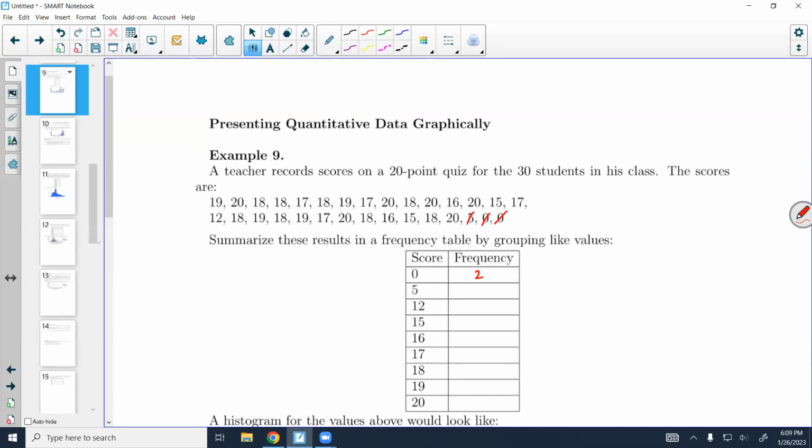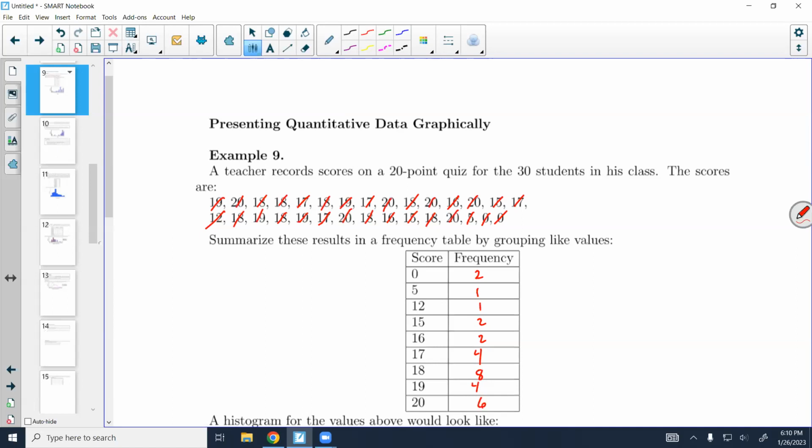And then 1, 2, about 12. 15, 1, 2, 2, and then 16, 1, 2, 17, 1, 2, 3, 4, 18, 1, 2, 3, 4, 5, 6, 7, 8. 19, 1, 2, 3, 4, and 20, 1, 2, 3, 4, 5, 6.